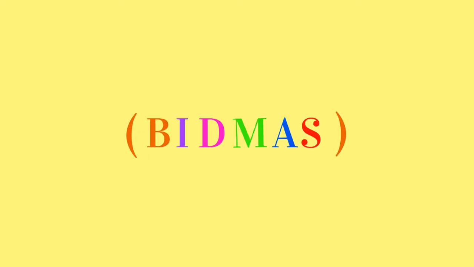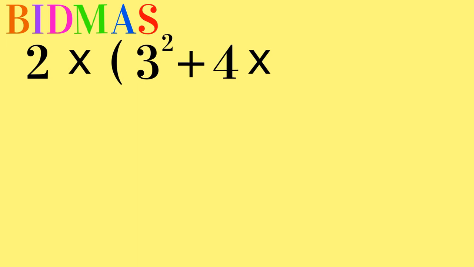When working out calculations with brackets, you must remember that you need to use BIDMAS for the operations inside the brackets as well as out. For example, if we look at 2 multiplied by, open brackets, 3 squared plus 4 multiplied by 5, close brackets, we know that using BIDMAS we need to work out the brackets first.